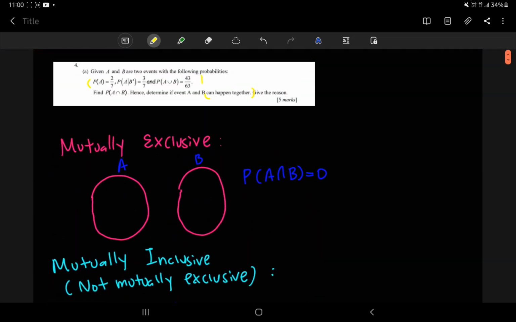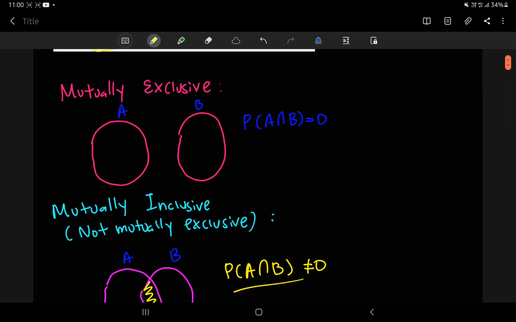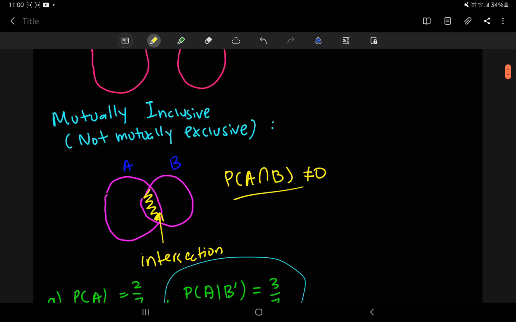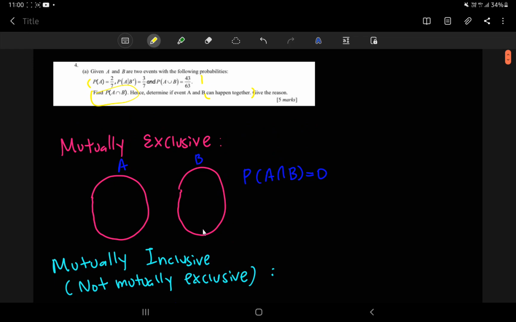So for question A, we find this intersection to determine if A and B can happen together. Looking back at our notes, we say that if the intersection between the events is 0, we can say it's a set because this is the Venn diagram, so the intersection of A and B is 0.